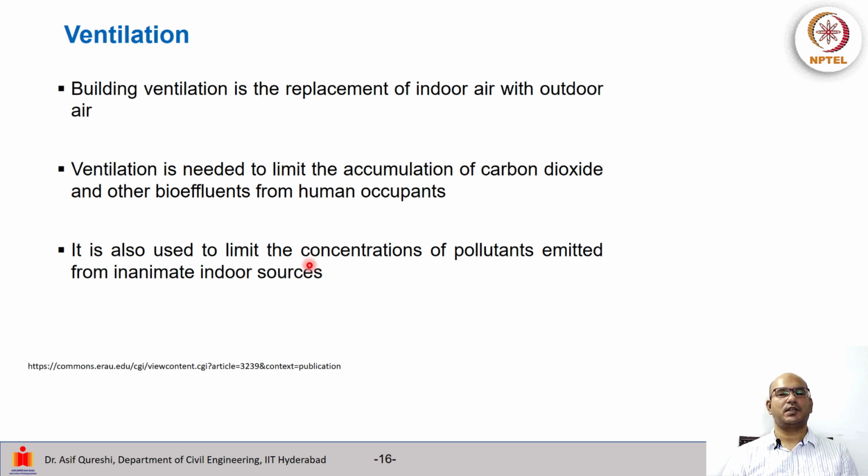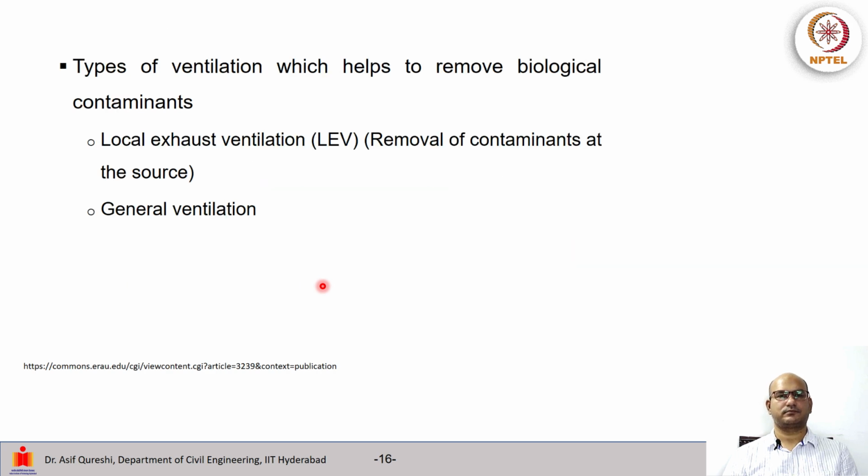Ventilation can also be used to limit the concentrations of pollutants from indoor sources. Then we have different types of ventilation which can help remove biological contaminants, such as local exhaust ventilation and general ventilation. What does it mean?